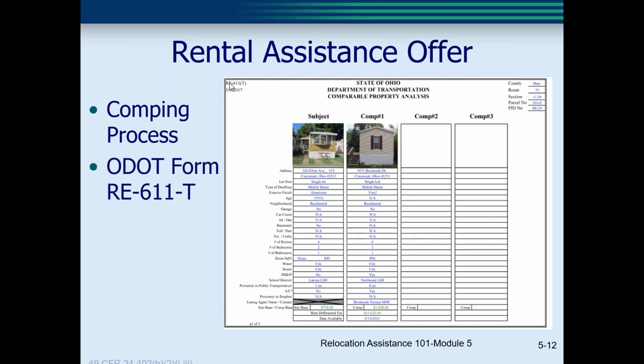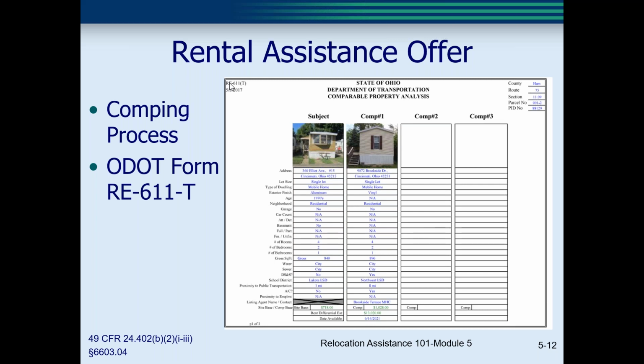Okay, so let's go on to what do you do after you gather all this information? So then you're going to start your form of all your 15 comparability factors, and you're going to go out in the market and find the comparable rental properties to compute the displacee's rental assistance entitlement or offer.